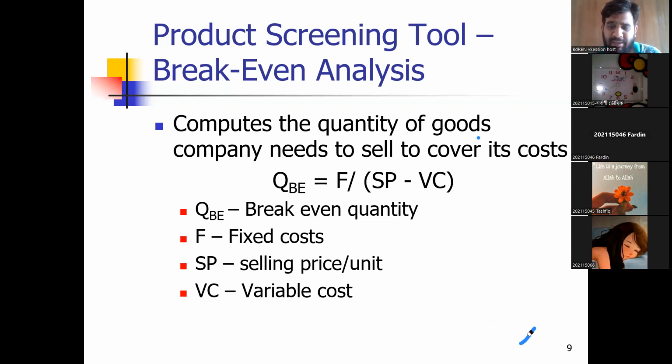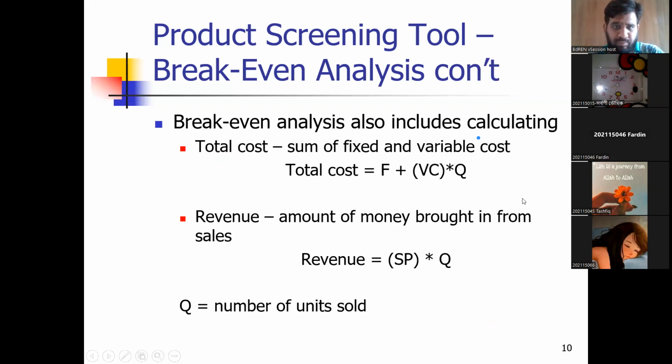Break-even analysis can be done in quantity, and in dollar value. And these are the similar discussions that we have already made. You can calculate total cost. You can calculate revenue, sales price into quantity, revenue. So please read these issues at home.